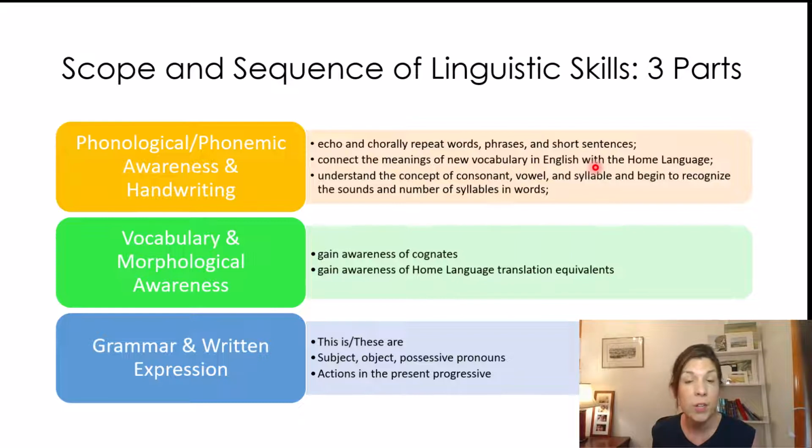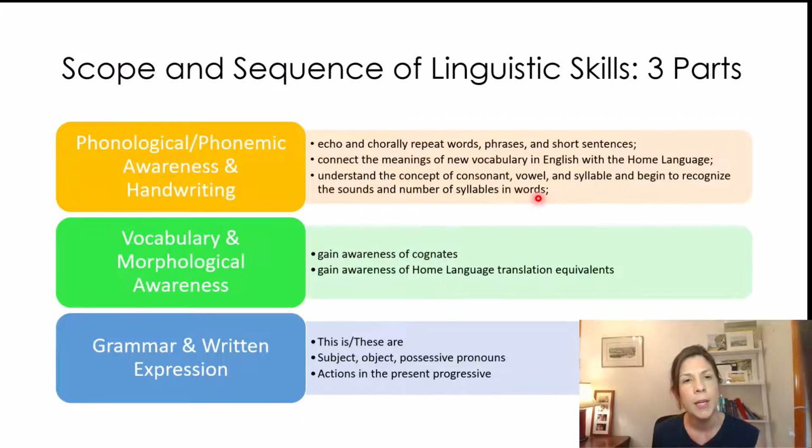They're going to say a word in English, then think about the translation equivalent and just practice saying the words to get a feel for how English is different. I want them to understand the concept of a consonant, which is an interrupted sound, versus a vowel, which is an uninterrupted sound, as well as what a syllable is, and begin to recognize the sounds and number of syllables in words.